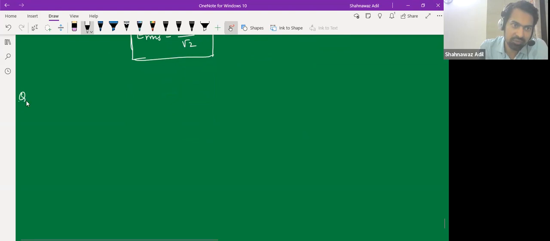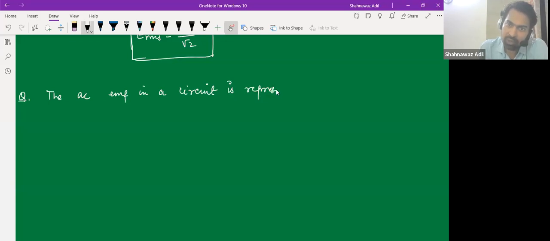So we have the AC current, or let me write it as AC EMF in a circuit, which is represented by E equals 11 sin 20t.